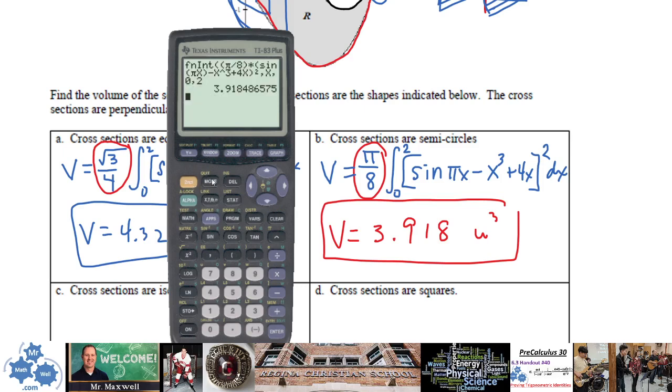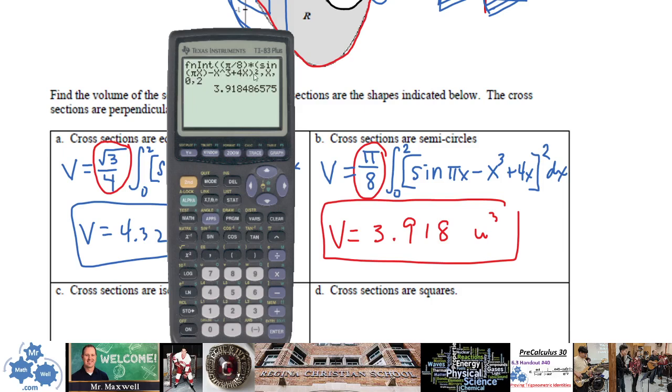Now, if you hit that, it's a bit complicated what you've got to do. You have to type in carefully with the right number of brackets. I had to try a couple times for the calculator to understand what I was saying. But you type in your pi over 8 times sine of pi x minus x cubed plus 4x. You see how I have it written out there?